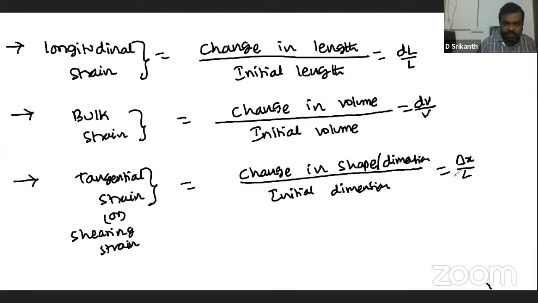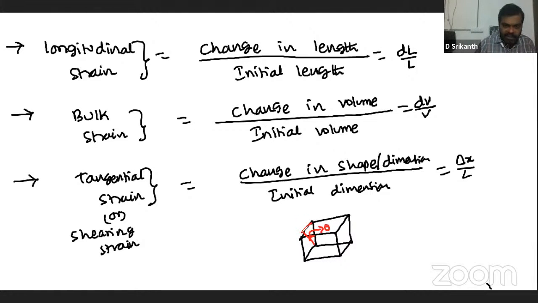If we consider a cube like this, there will be a small change in the shape. This angle we consider theta or phi.